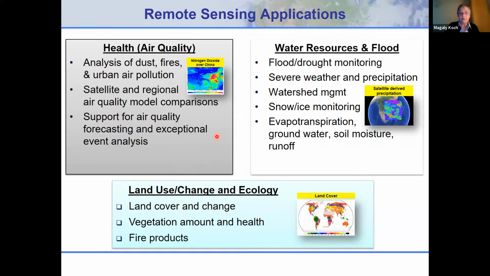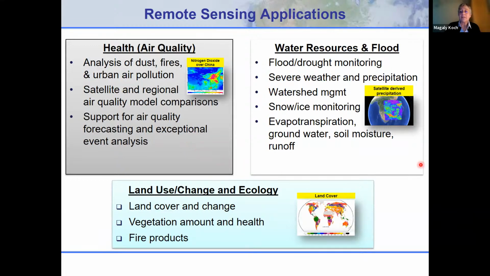Now, it doesn't have to be the ground, it could also be the atmosphere. And this is where, for example, those who are interested in monitoring air quality would look for data that allows them to analyze, for example, the atmospheric content of dust, or also to locate and measure fires and so on, right?